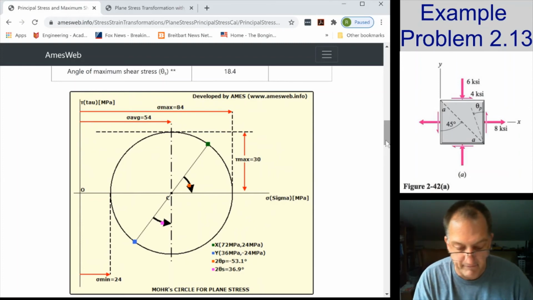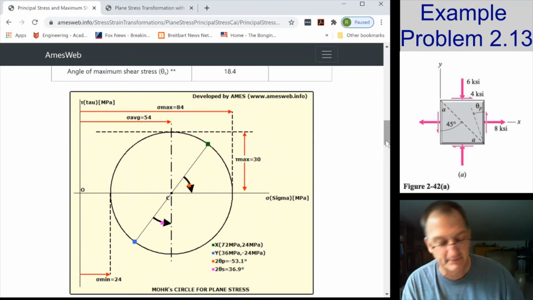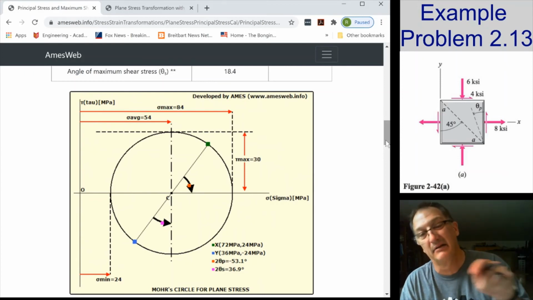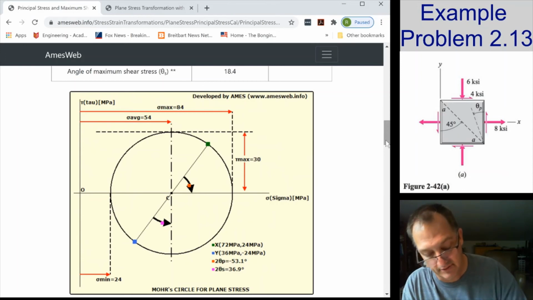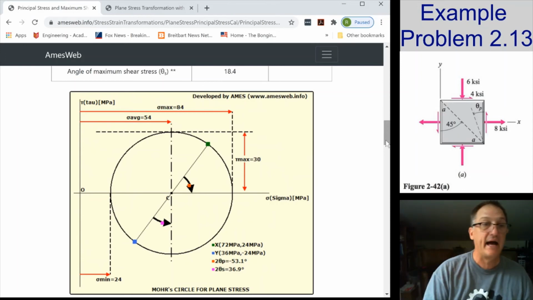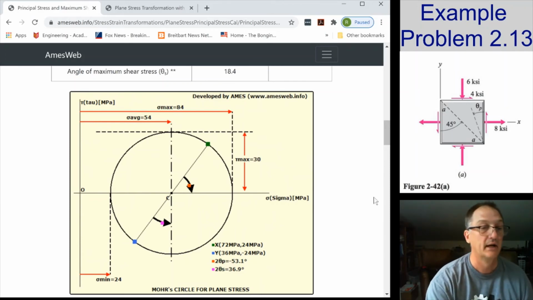And so now that's going to look like this. My first point, my vertical, is at 72, comma 24. That's because it's negative, it's negative the shear. So that's that point. And that is what you're seeing. See, I got too many things going.